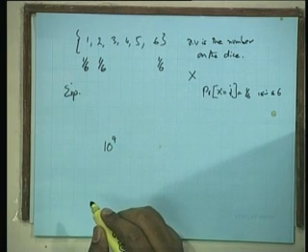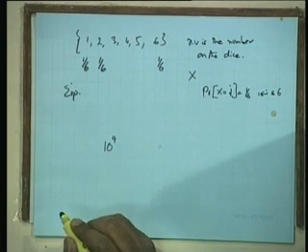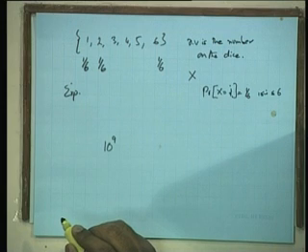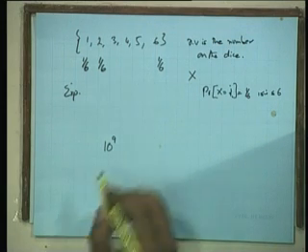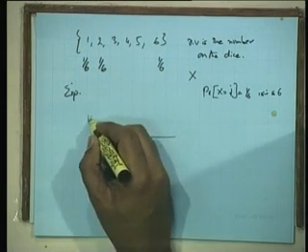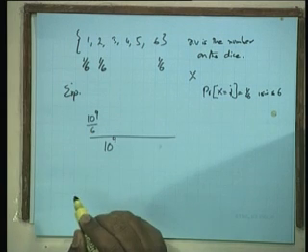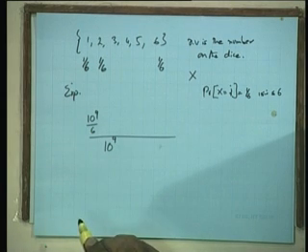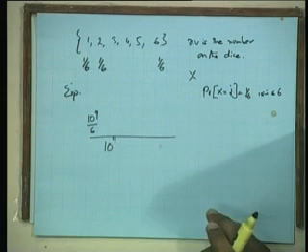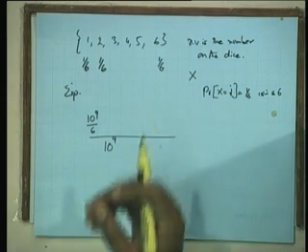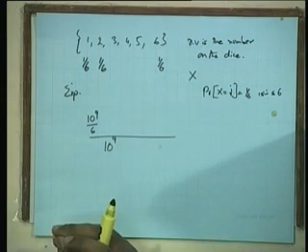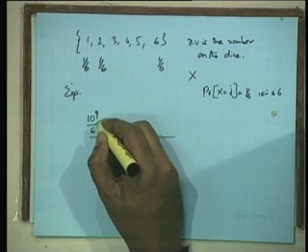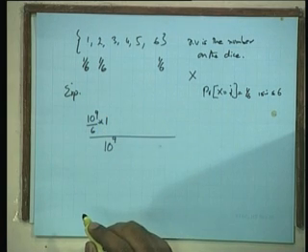How many times are you going to see a 1? 1 billion by 6 times. This is what probability means: if you do the experiment sufficiently many times, then this fraction of the times you are going to see this particular outcome. So that many times your outcome was a 1.